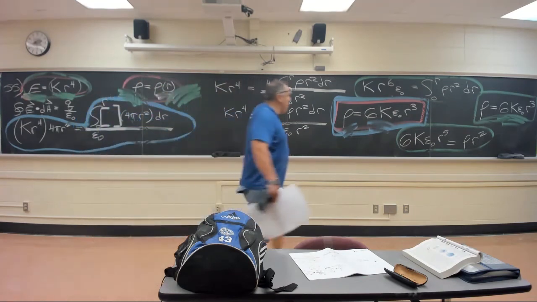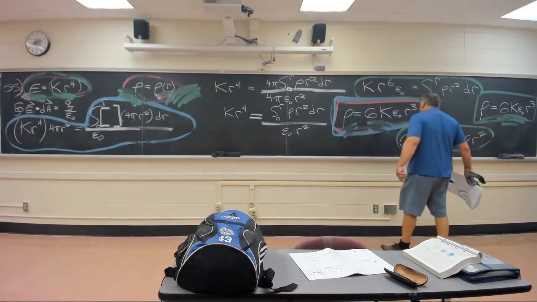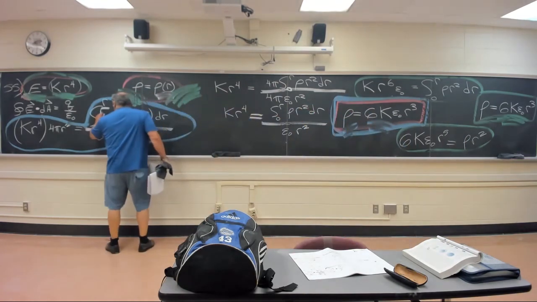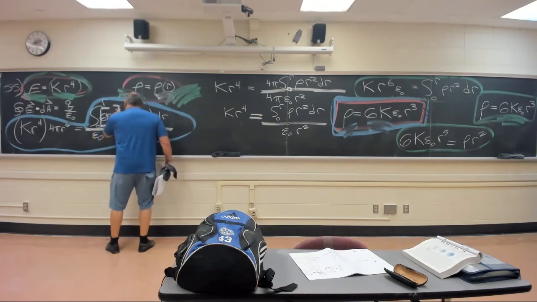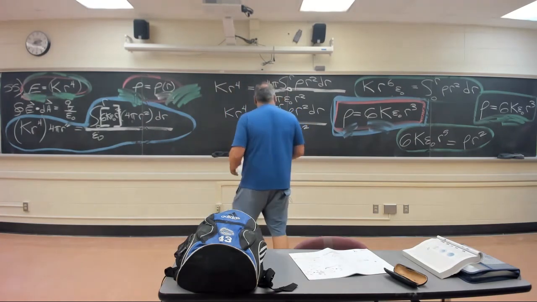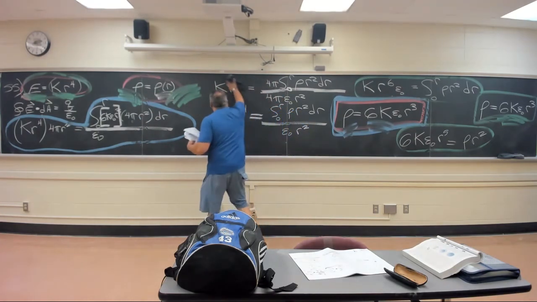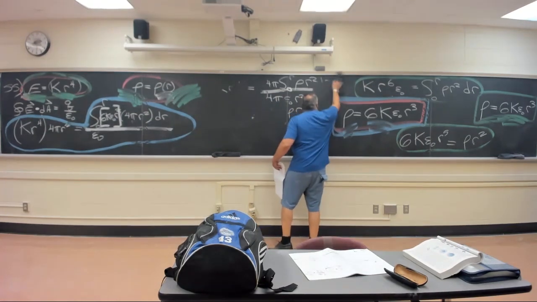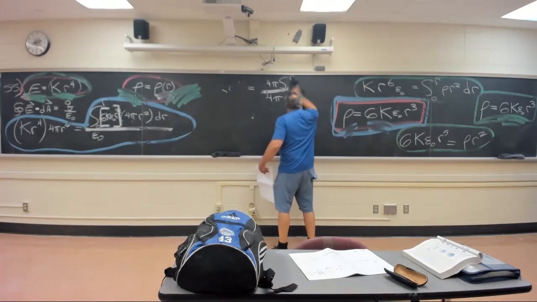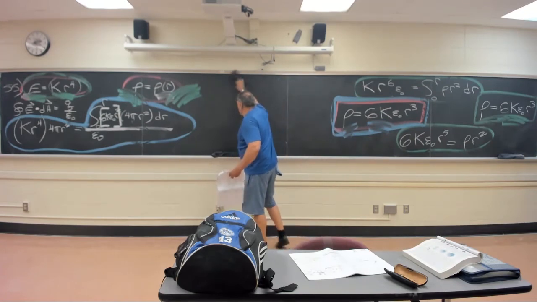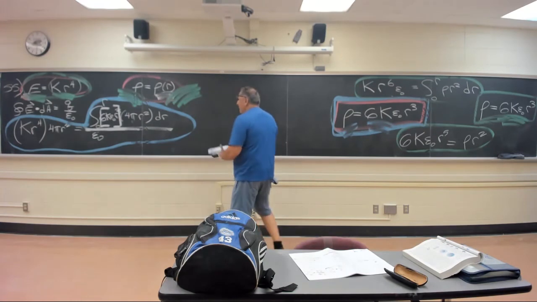I'm claiming the rho, ladies and gentlemen, is 6k epsilon naught r cubed. Okay, that's a claim being made.